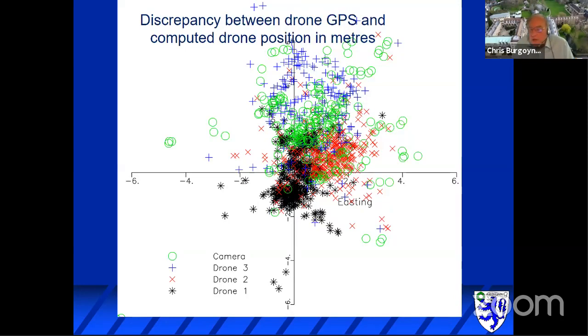We actually flew the drone 4 times, and on one occasion I used a camera which had a GPS receiver built into it. And if you note here, look at the blue crosses. The blue crosses were the ones taken on the third day. And those discrepancies are all about 3 or 4 meters to the north. And this is telling us that GPS readings are dependent on the atmospheric conditions on the different days.